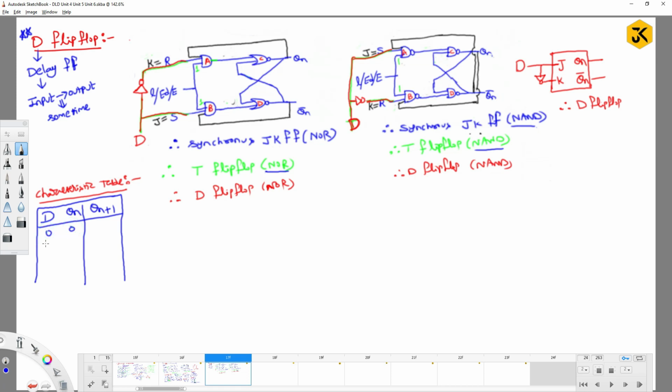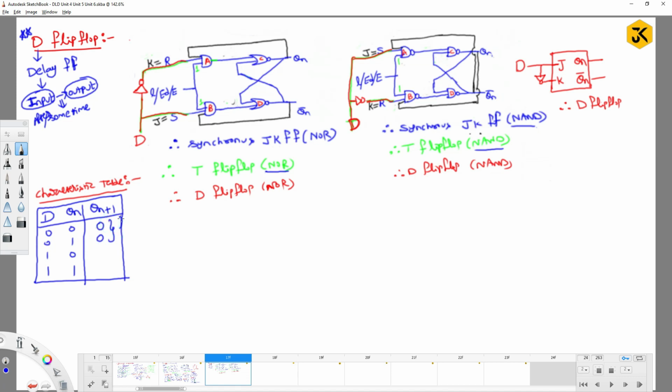The combinations are 0 0, 0 1, 1 0, 1 1. How is your Qn plus 1 going to behave? Qn plus 1 is going to behave the same as the input. Meaning if I give the input, the same input you are going to produce at the output after some time. So irrespective of Qn, you are going to get 0 0 here.